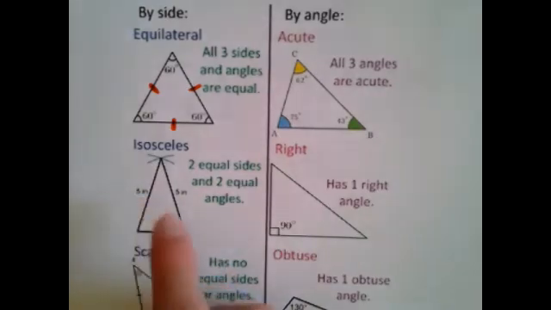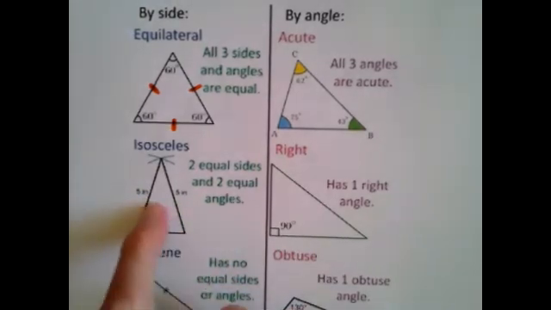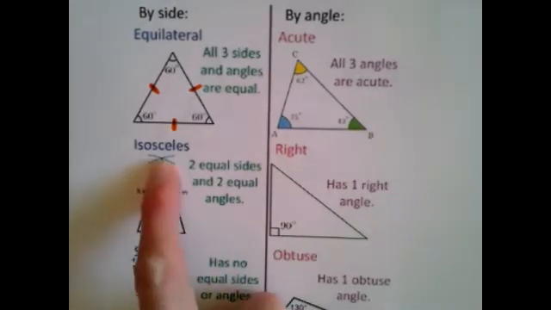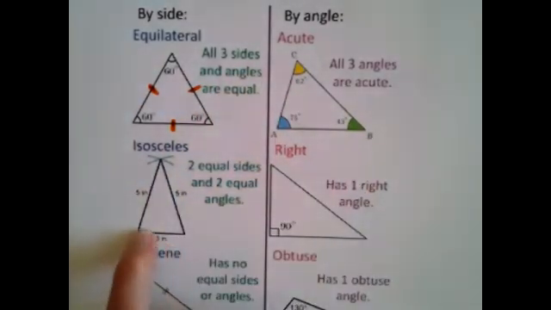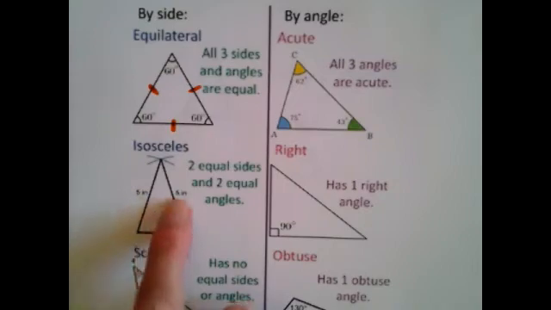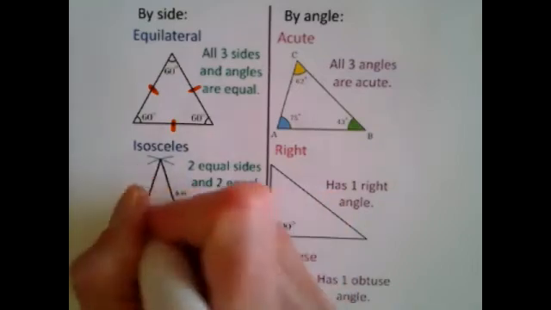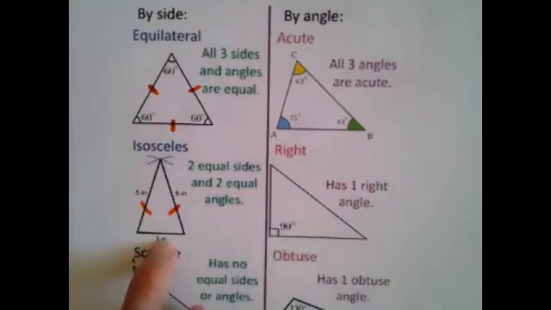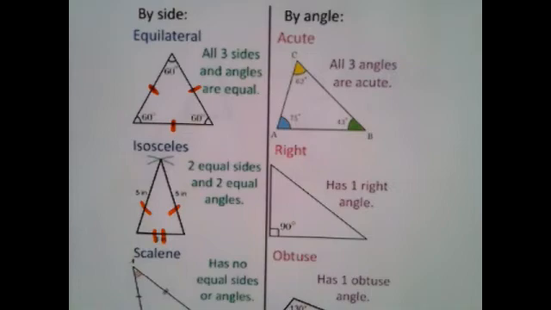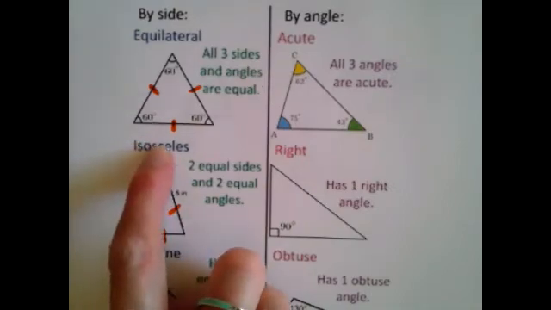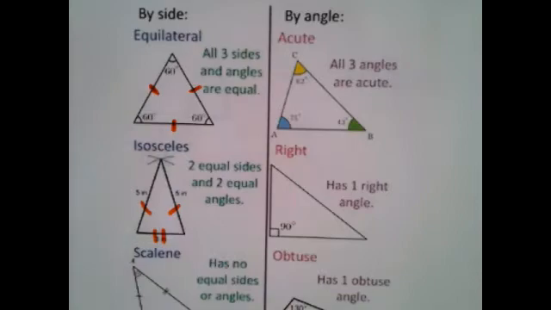This time they didn't give us those tick or hashtag lines, but they did give us numbers. It says this is 5 inches, 5 inches, and 3 inches, which means these two are equal. We could mark them like this. The bottom or base of our triangle is different, so we would mark it like that. And since there are two equal sides, it's an isosceles.